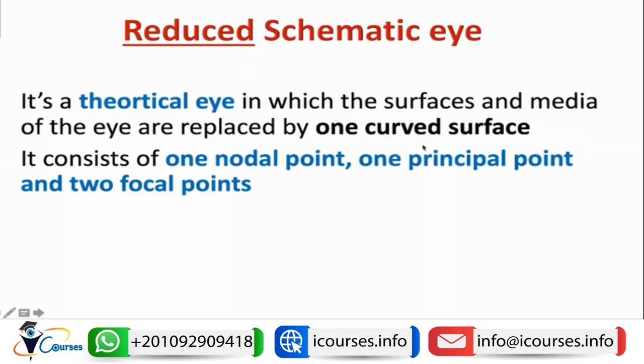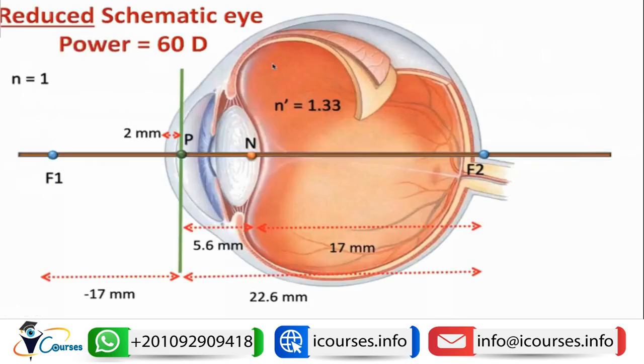Since we have only one curved surface, it will have one nodal point, one principal point, and two focal points, in front of this curved surface and behind it. These are the main differences between Donder's reduced eye and the Goldstrand eye.